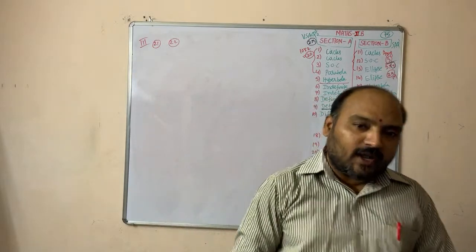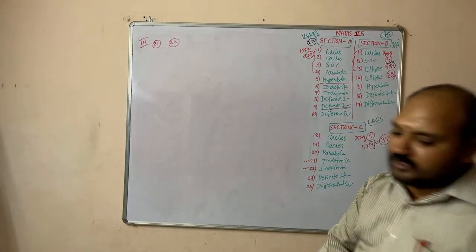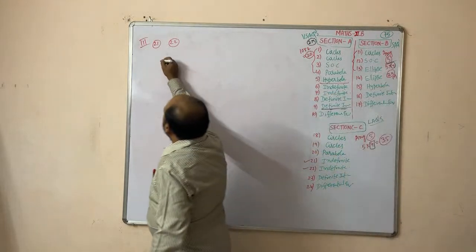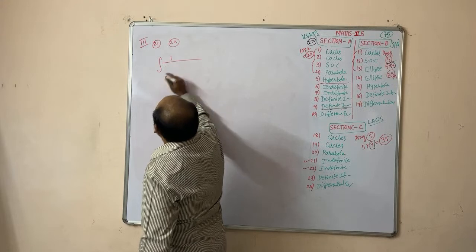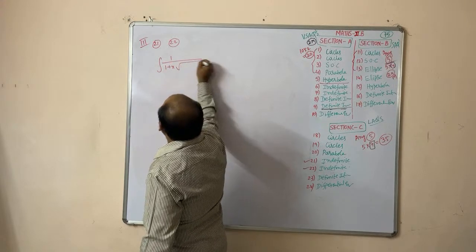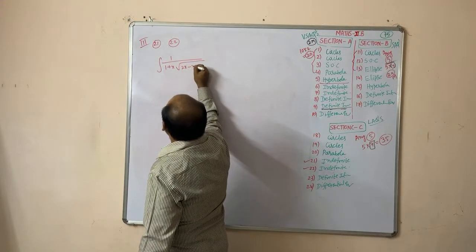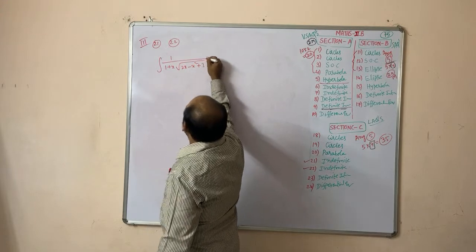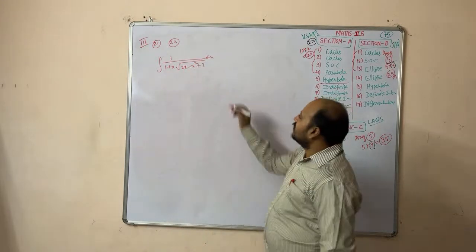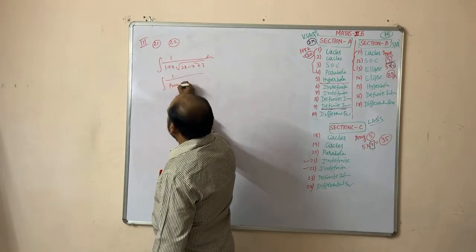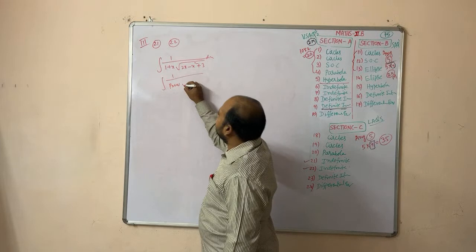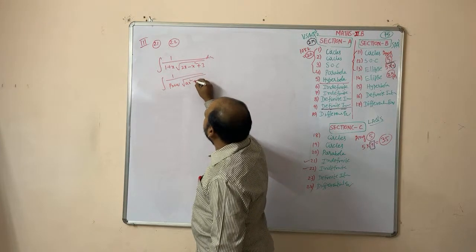Other than this, what I am observing in this question paper, they are asking integral 1 by 1 plus x into root of 2x minus x square plus 3 into dx. So the model is integral 1 by px plus q into root of ax square plus bx plus c.